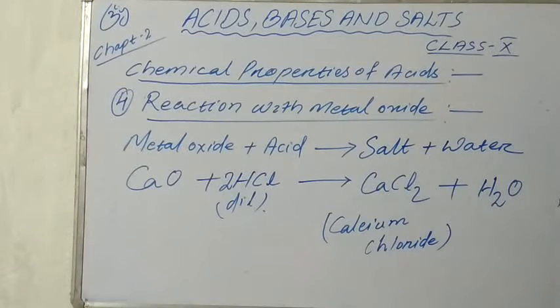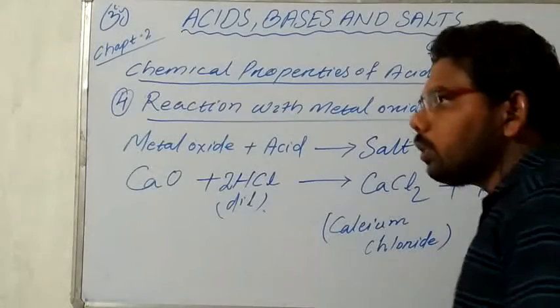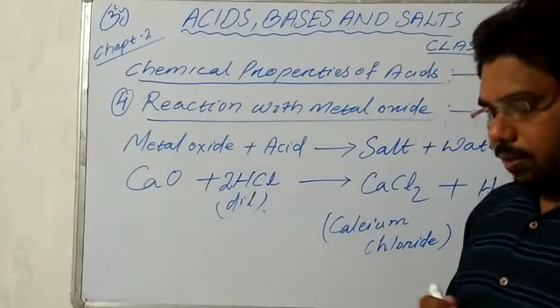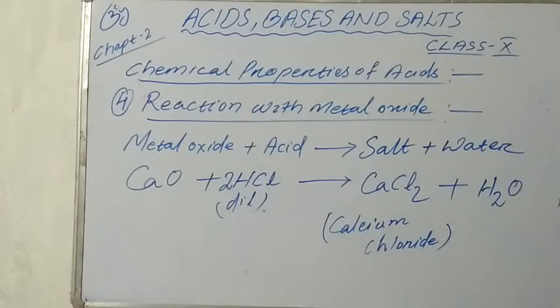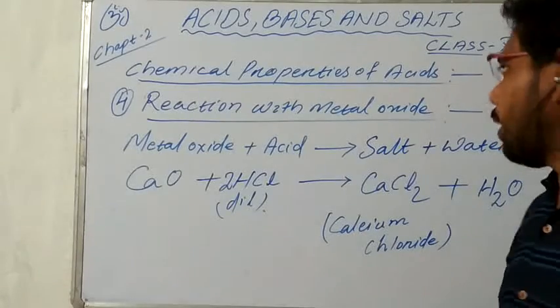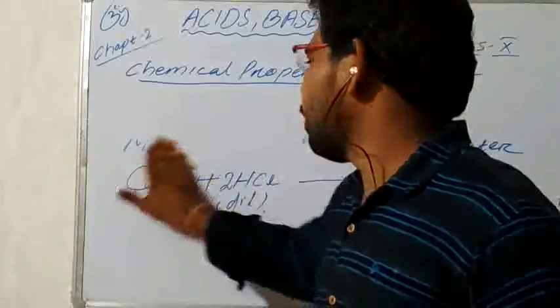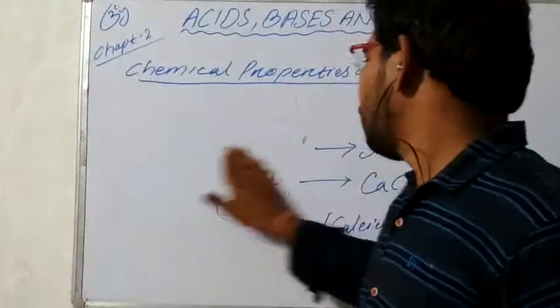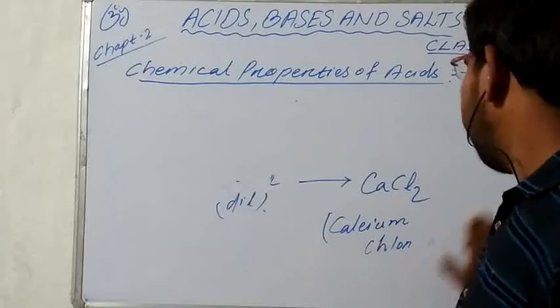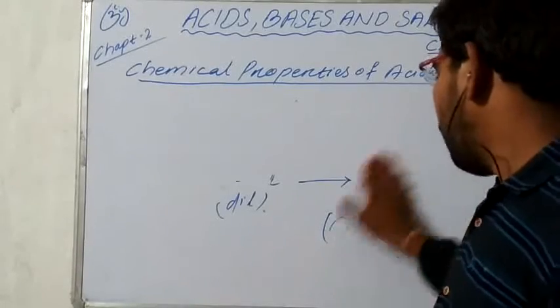So these are some of the chemical properties of acids we have discussed. Now one test we have to discuss, the acidic test, mainly of carbon dioxide gas. Carbon dioxide is acidic in nature, so it is passed through lime water.